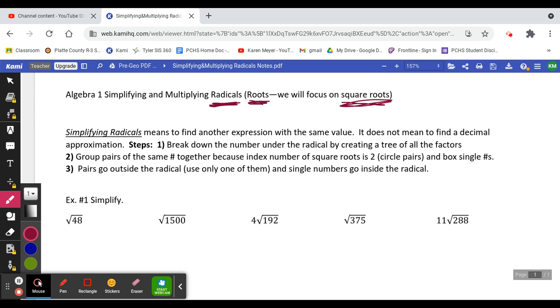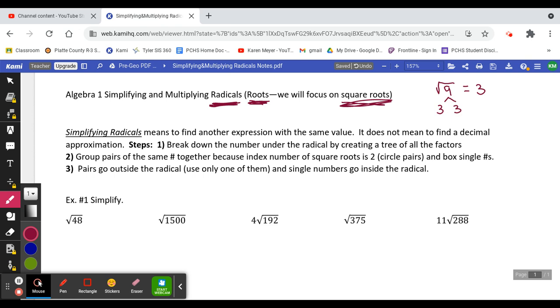If I said square root of 9, hopefully everybody's going to tell me the square root of 9 is 3. Well, how did we know that was 3? If I think of square root of 9, I can do a little factor tree, and say 9 comes from 3 times 3.